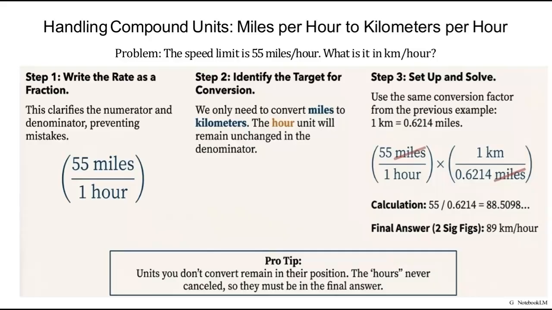No. All those relationships that you have in the page are from a prefix to a base unit. In here, I have a prefix to a prefix. So when that happens, you have to go to the base unit first before we can go to the other prefix unit. So I have to go to meters, centimeters to meters, and then meters to kilometers before I can do anything. But it's done the same way. It's just one more step.